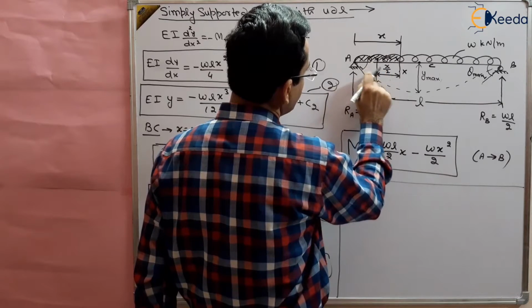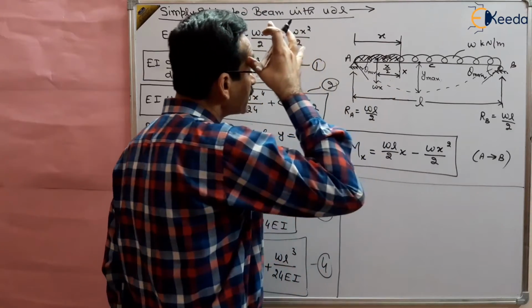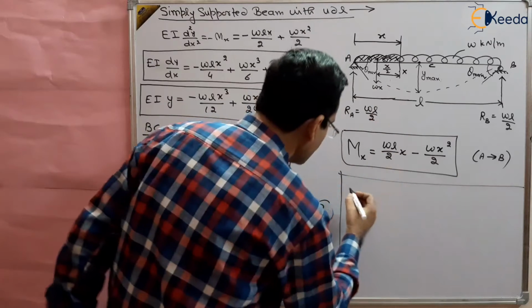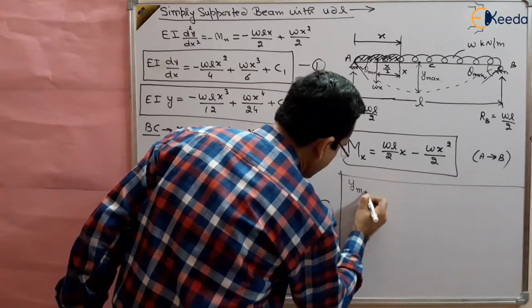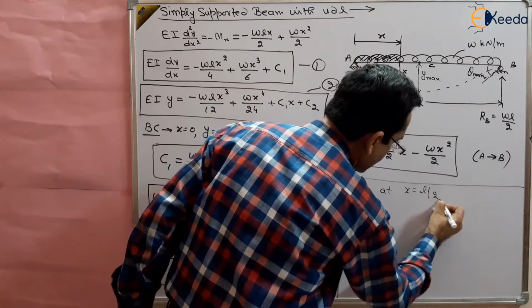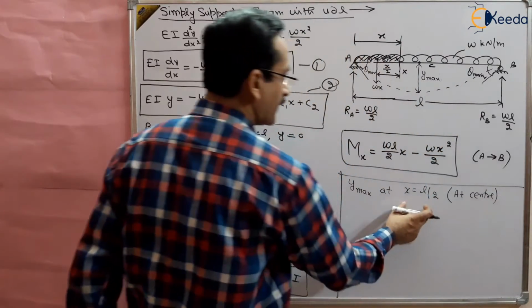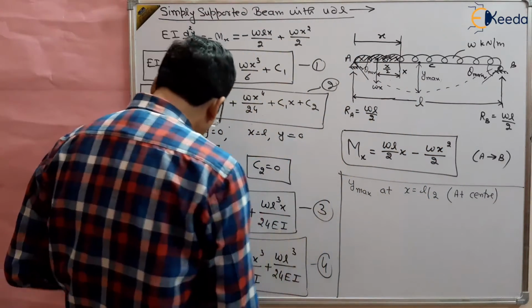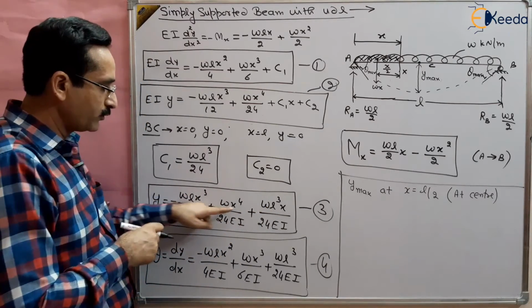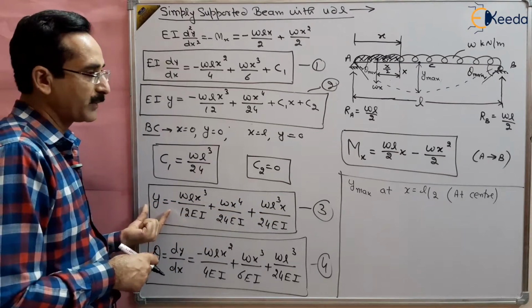So y max will be at x equal to L by 2, that is, at the center. Put the value of x is equal to L by 2 in this equation, and you will get y max, the maximum deflection.